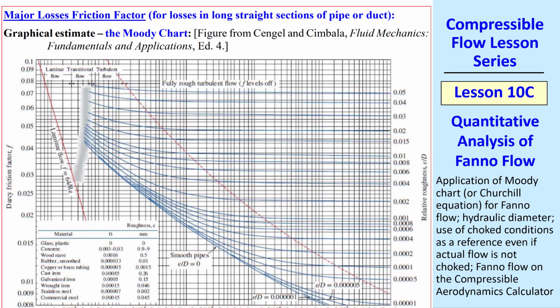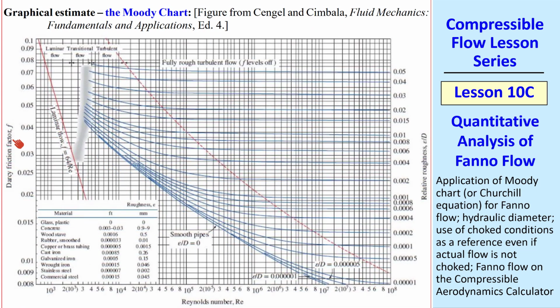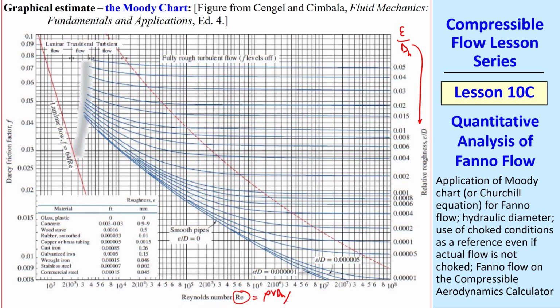Here is an actual Moody chart taken from my fluid mechanics textbook, where we have Darcy friction factor as a function of Reynolds number and epsilon over d. Just keep in mind that we're using epsilon over dh instead of epsilon over d, and our Reynolds number is also defined in terms of the hydraulic diameter dh.